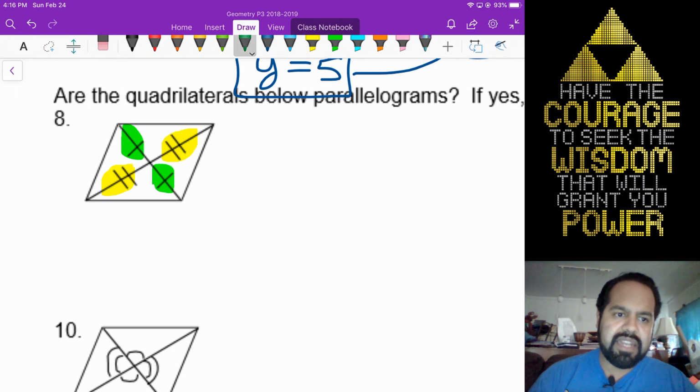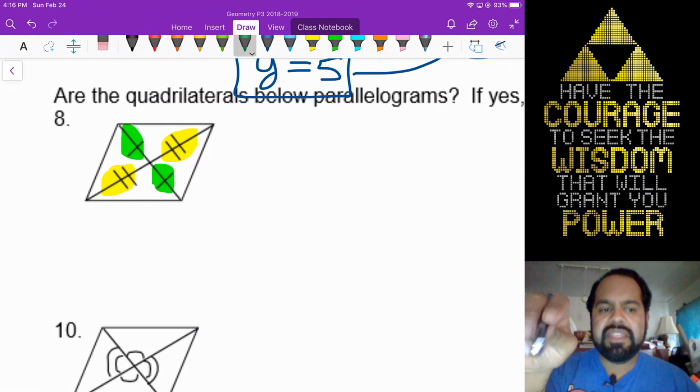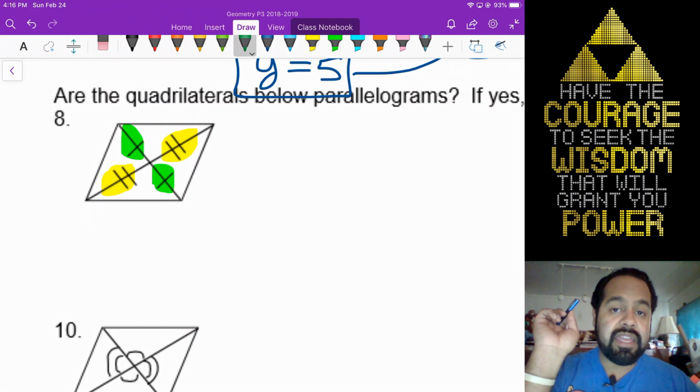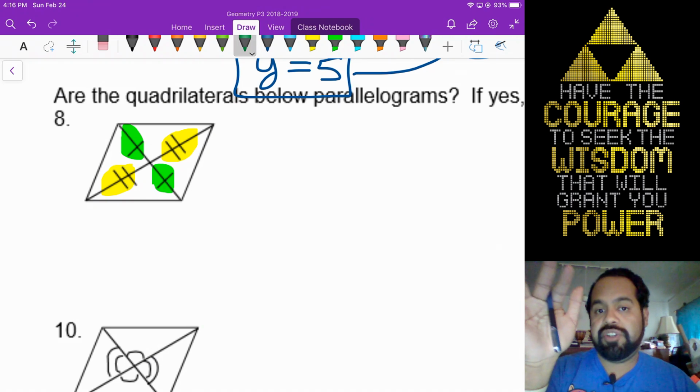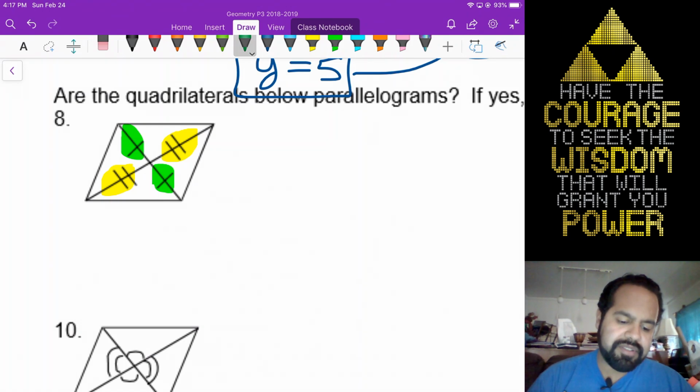So we're going to go ahead and look in our notes, I believe the 7.5 notes, and you'll see that this is exactly what's shown in one of the 5 ways to show that a quadrilateral is a parallelogram. So what we'd say here is yes, if, and again, this is the if-then statement, right?